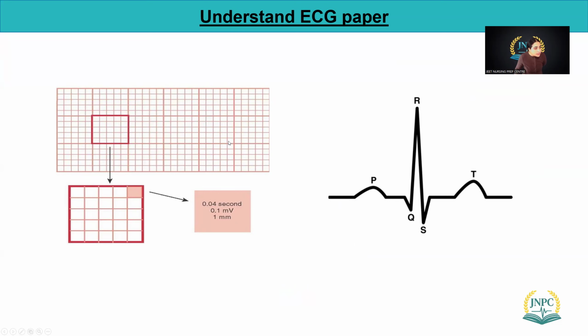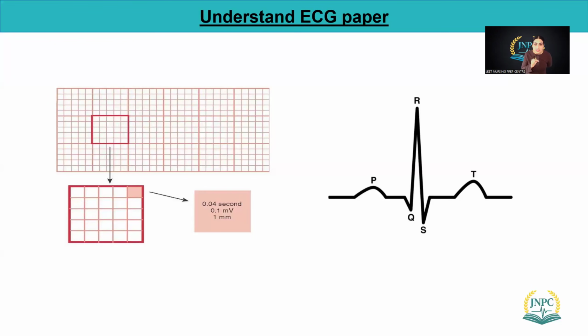And every large box has small boxes. How many small boxes does that large box have? Total 5.